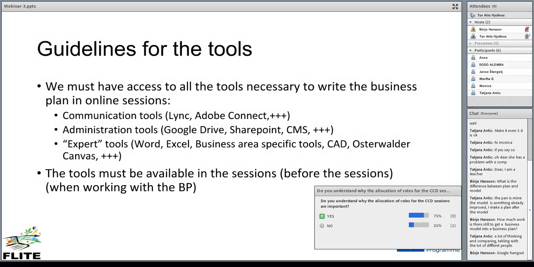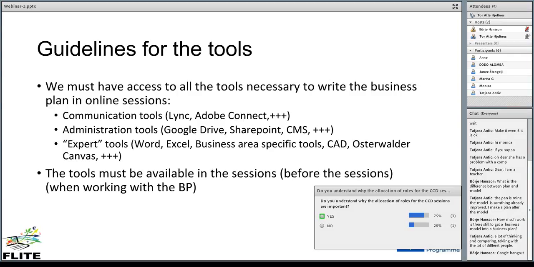And luckily for us, when it comes to writing a business plan, if the business idea is not too technical, it might be enough to have one communication tool and one expert tool. In our case, this could be Google Docs, because there we can sit and work together.